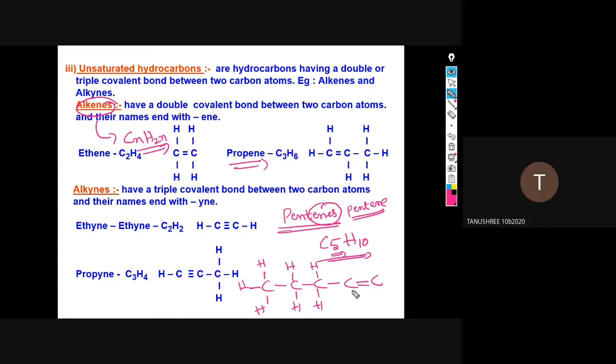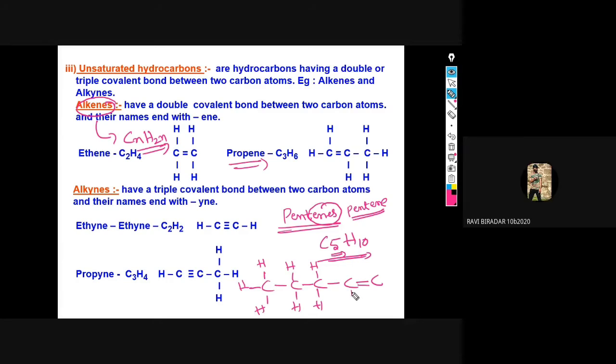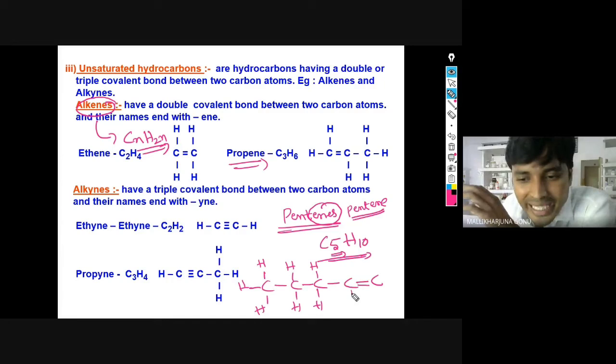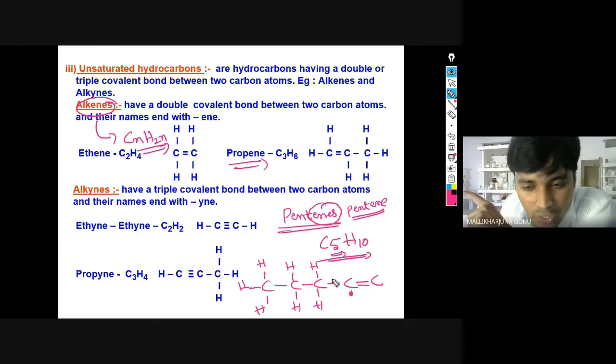Listen, Neha. How many bonds is the carbon having presently? This also you have to count: 1, 2, 3. Surroundings also you have to count. That's how it forms the bonding, that's how 8 electrons can be completed.